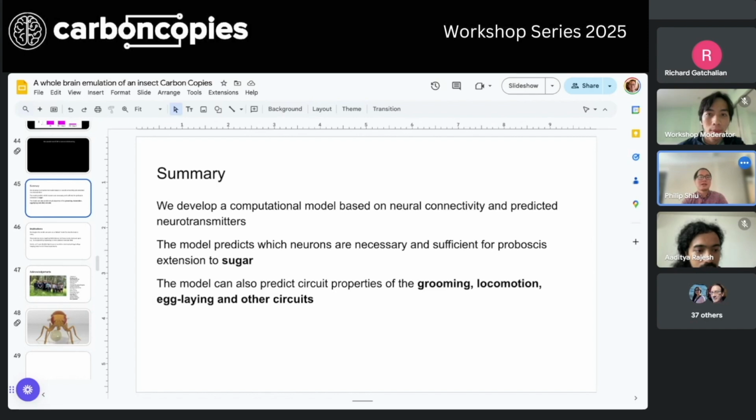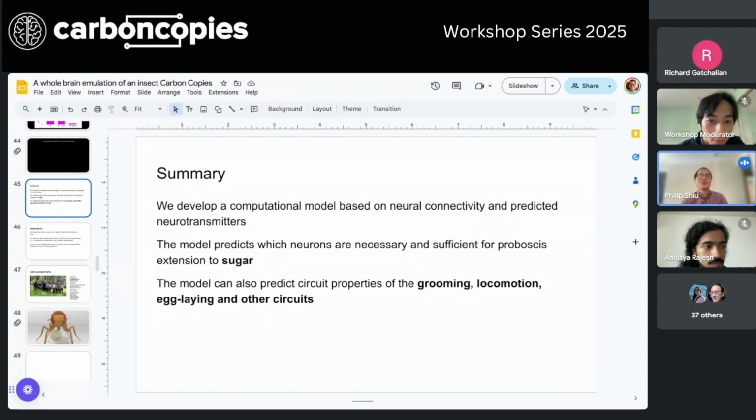I think a challenge, at least in the fly, will be understanding where, say, neuromodulation happens. One way to do that is if you knew where all of the receptors for all of these neuropeptides or other hormones were.